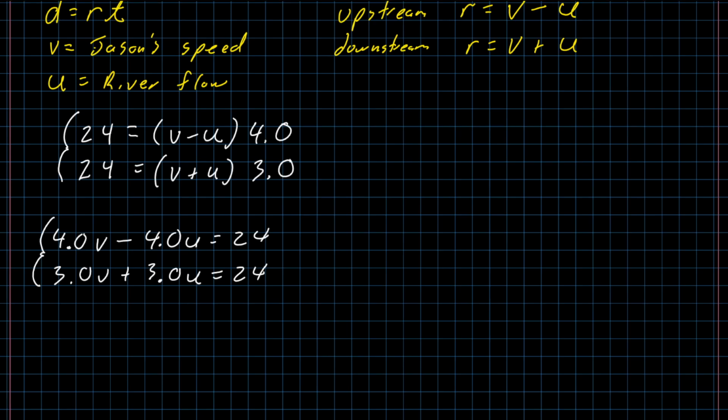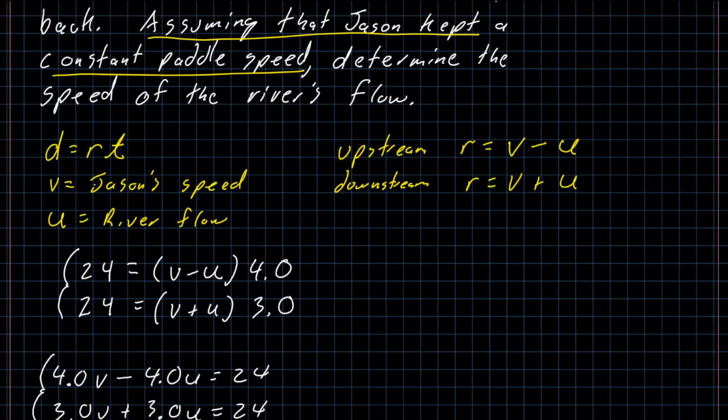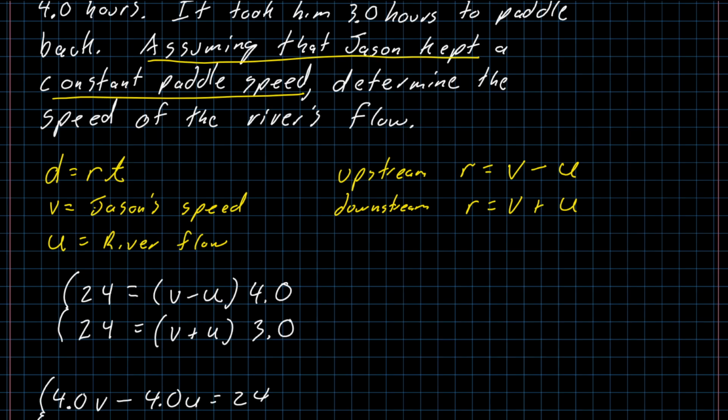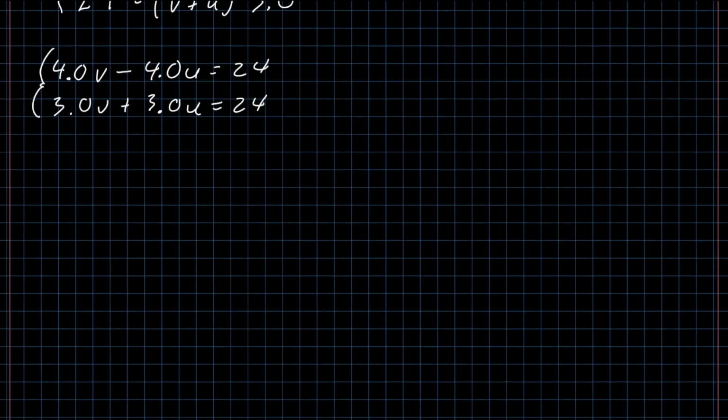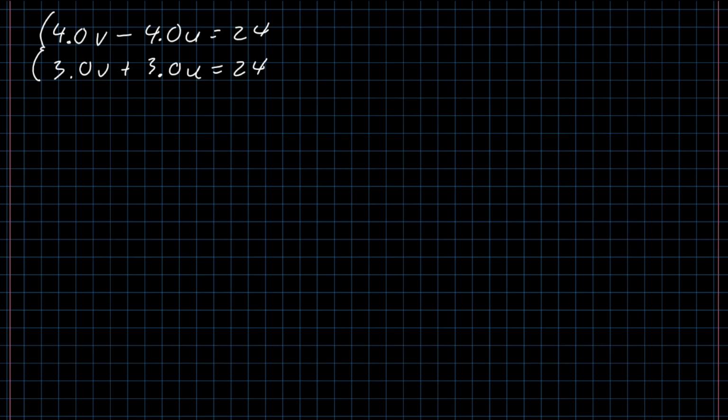Then from here, I'm going to go back up to the statement of the problem, which I don't quite have enough room for. The problem asks us to determine the speed of the river's flow. The speed of the river's flow is u. We need to know the value of u in order to solve the problem. We don't care about the value of v. And that's something we can use to our advantage in the method of elimination.